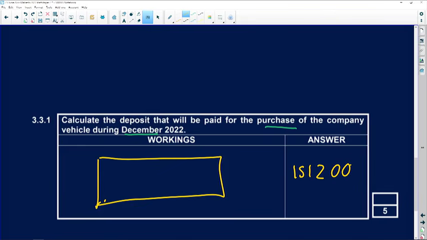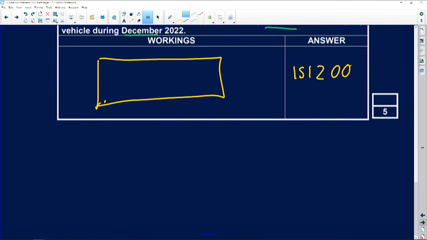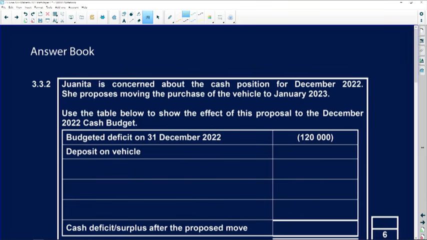Right, moving on to the next question. The owner is concerned about the cash position for December. She proposes moving the purchase of the vehicle to January 2023. So why is the owner concerned?